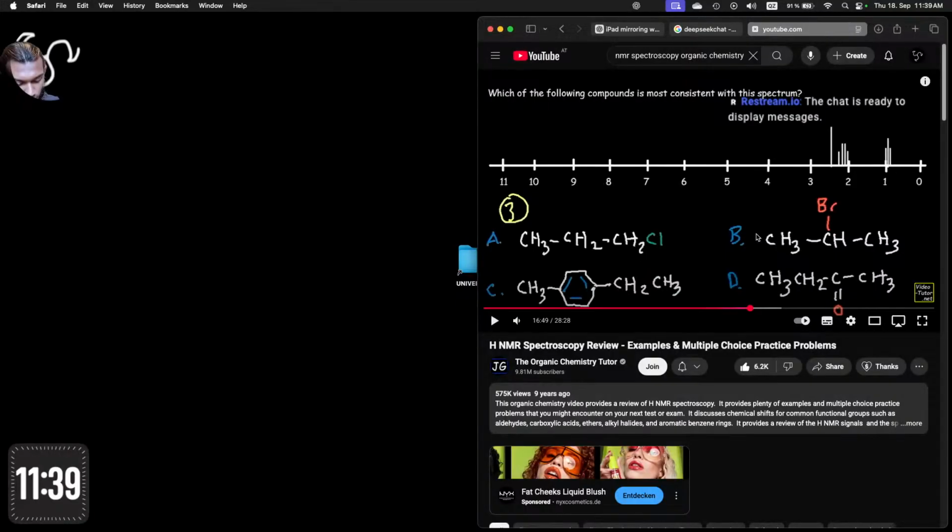If you need to get 3 splits at 1, it should be adjacent to CH2. This one is not adjacent to CH2, the option B. So that's out.